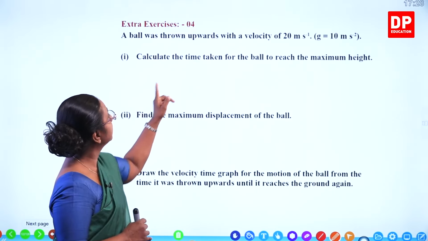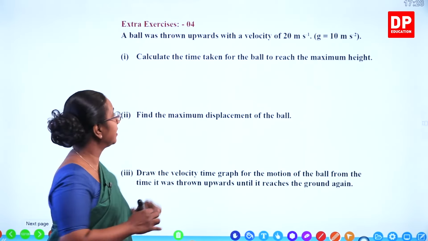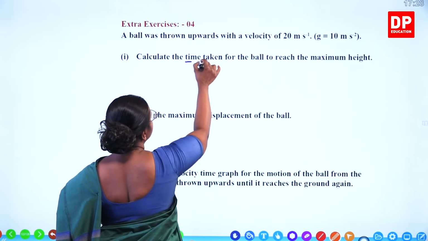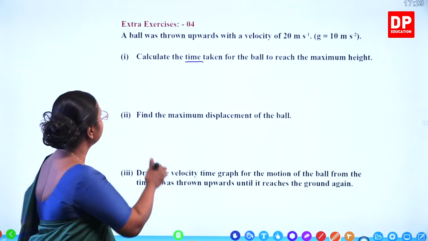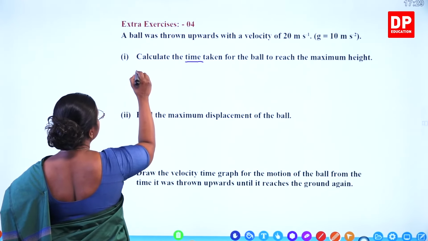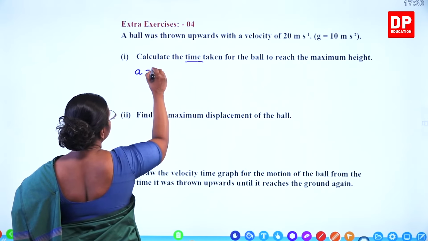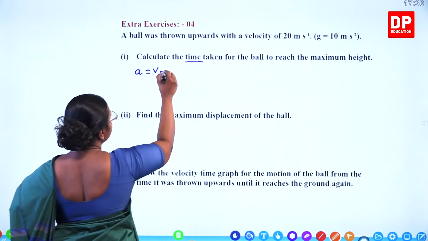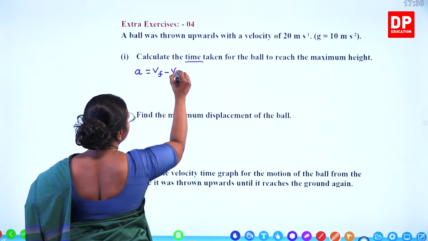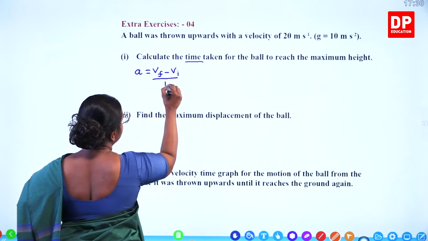We don't know the time. So using the equation for acceleration, we can calculate time. So if we write the equation, I will write it using the symbols. Acceleration A will be equal to the final velocity, I will use it as V final, minus initial velocity as Vi divided by time.